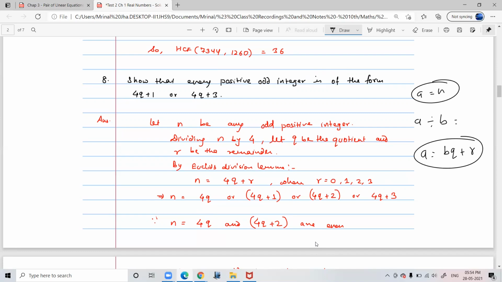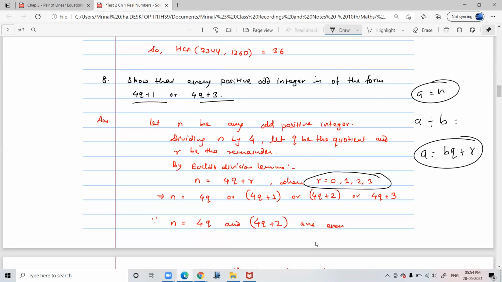No. See, they're asking you to show that every odd integer can be only of this form. So how can you say that they're only this form? Euclid's division lemma tells you that all these 4 possibilities are there, so I can't just blindly take 1 and 3, no?